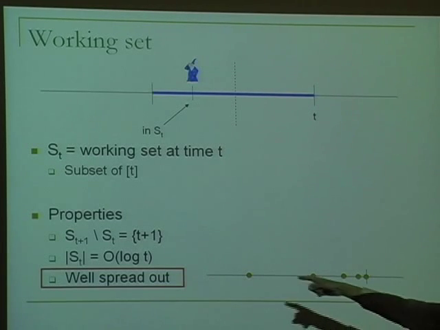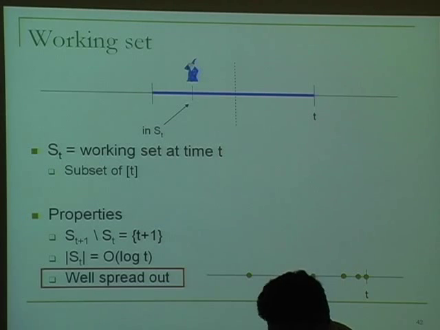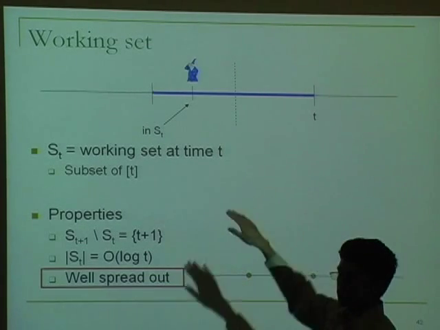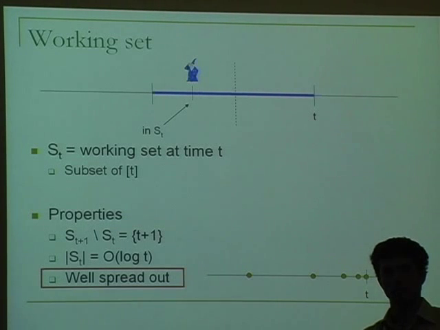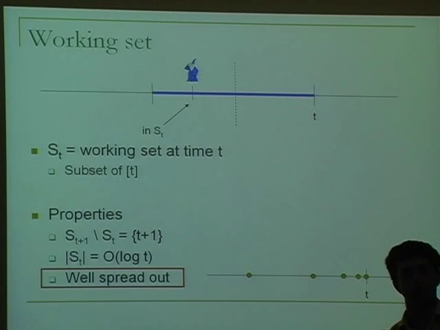So it basically ends up looking like this. Think of there being one at distance 2, 4, 8, 16, so on and so forth, all powers of 2. And here's the interesting thing. The definition of the working set is completely combinatorial. You would think that the most natural thing to do is to throw away experts who are not performing properly.